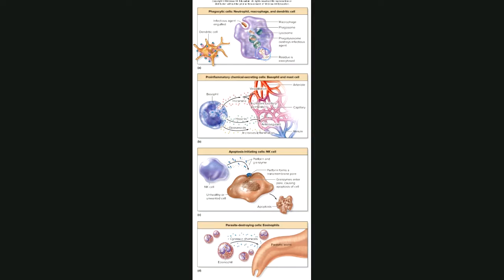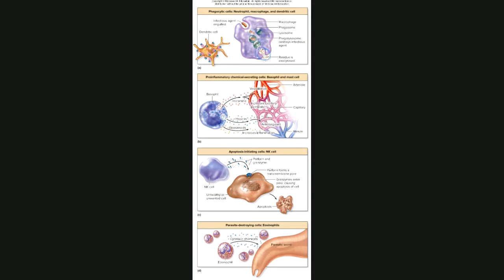Now, remember those lymphatic capillaries and how they absorb some of the interstitial fluid? So there's an infection, and this macrophage, or this phagocytic cell, engulfed and destroyed the pathogen. The residue or fragments of that destroyed pathogen now are part of the interstitial fluid.